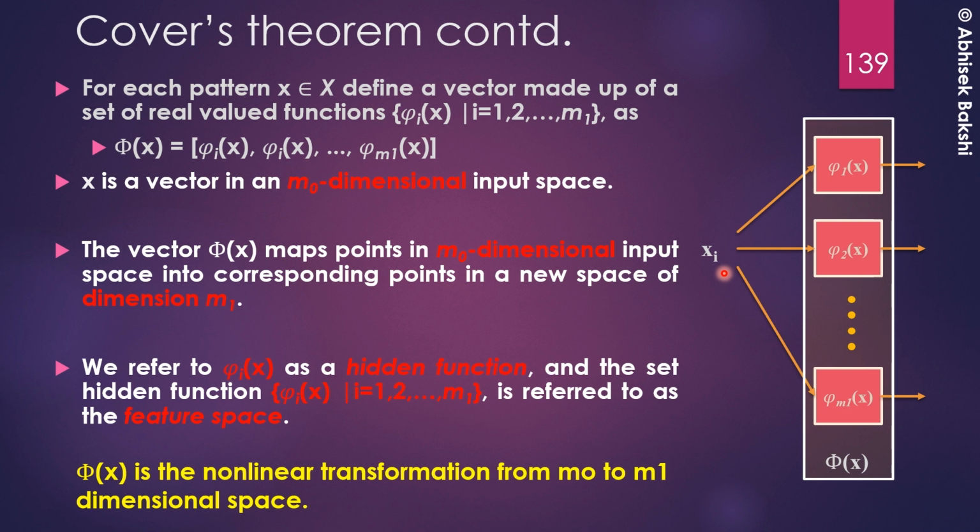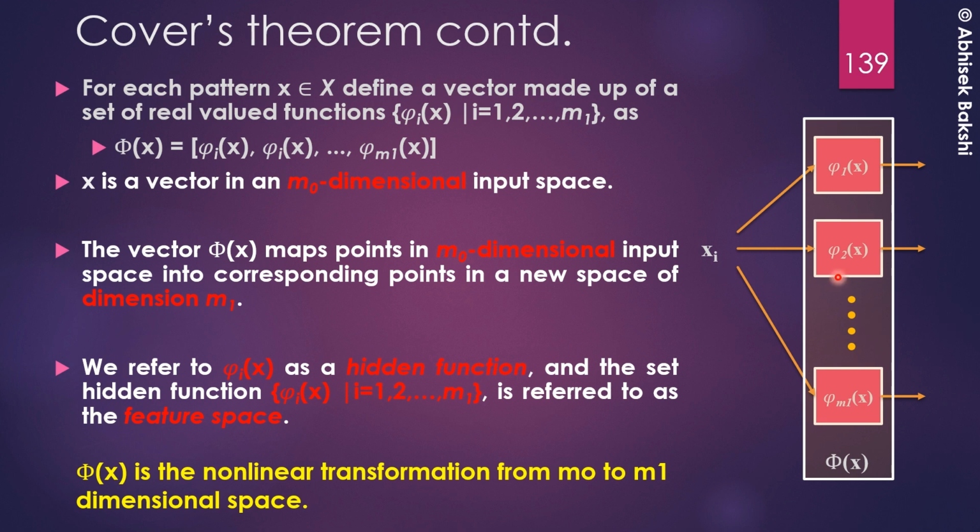Just assume instead of i it is 1, 2 or 3. For all i's, consider that it is not linearly separable. So what you can do is transform that lower dimension space to a higher dimension, and the higher dimension value, the value of m1, you can decide.